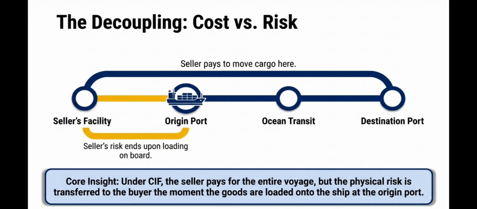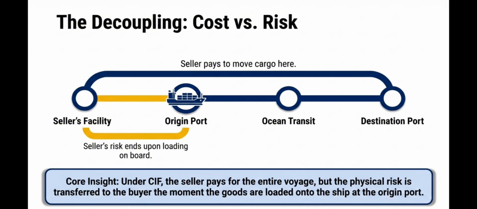The blue line shows that the seller pays to move the cargo all the way to the destination port. However, if we look at the yellow line, the seller's risk ends specifically at the origin port.